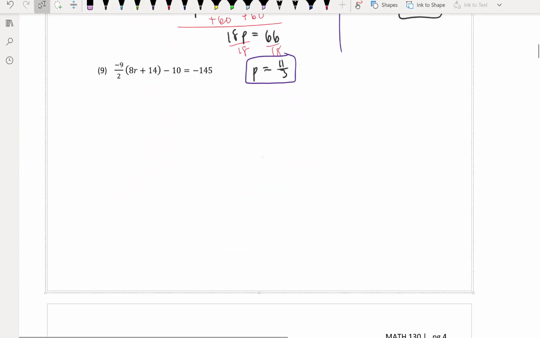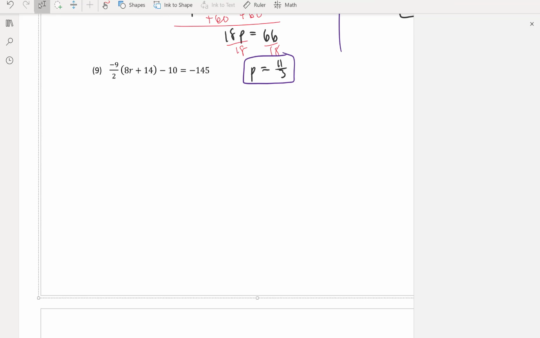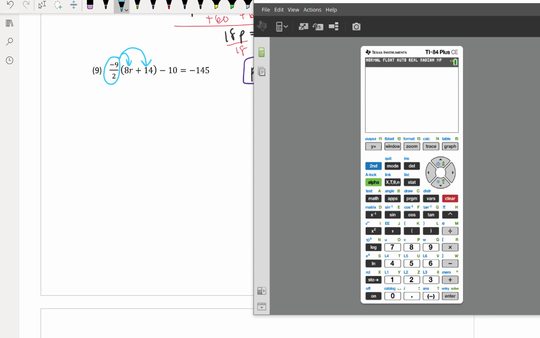So now for number 9, I have a fraction in the very beginning. So I'm just going to make sure that I distribute that correctly, and I can definitely use my calculator to do that. I'm taking this negative 1/9 and multiplying it inside the parentheses. So if I have my calculator, I can say it's a negative 9 halves, and I am multiplying it by the coefficient, which is 8.